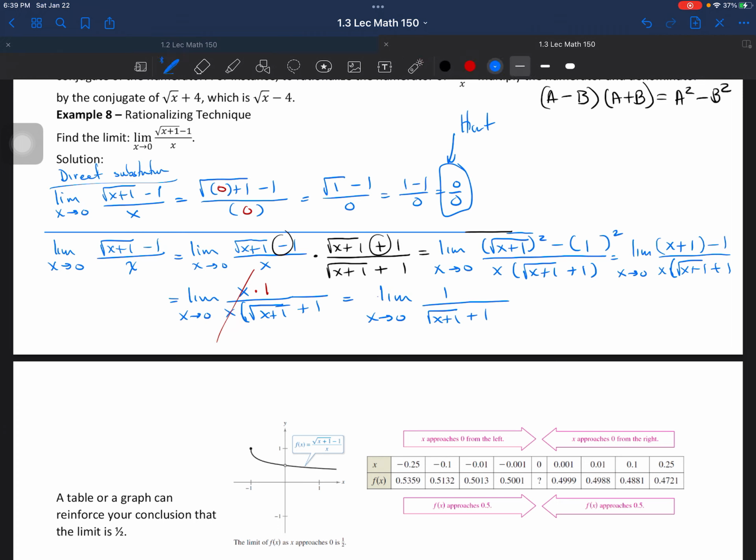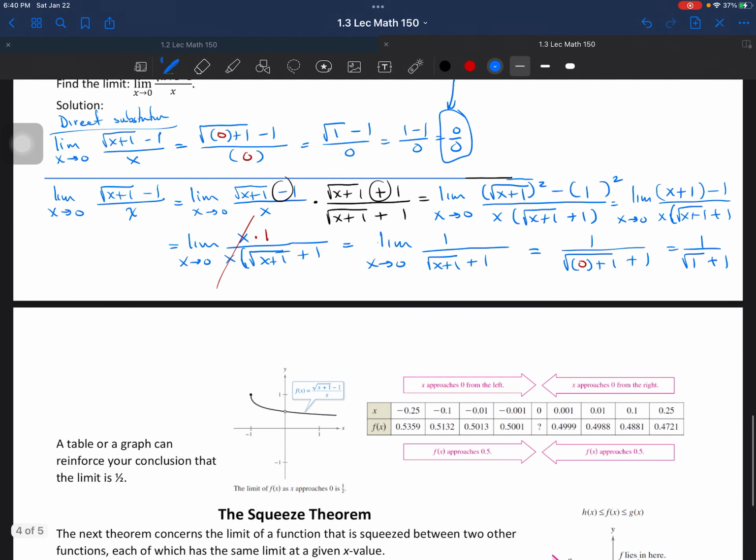All right, so now let's do the direct substitution. So this will be 1 over the square root of 0 plus 1 plus 1. And that's going to be 1 over 2.